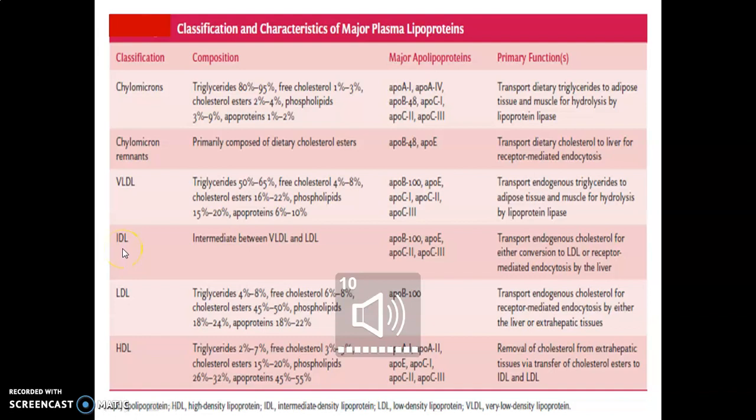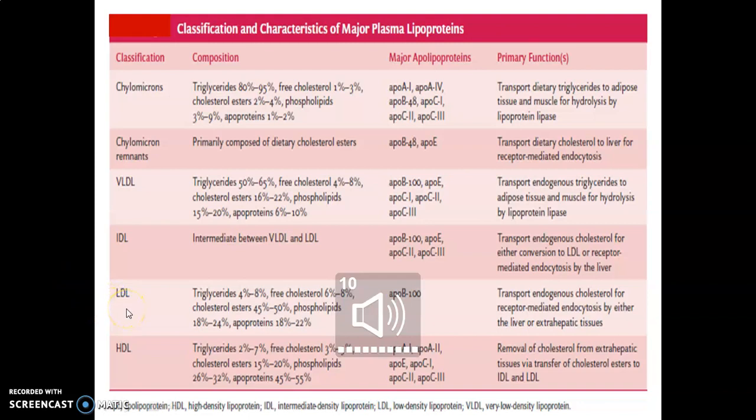Then next is IDL. IDL is intermediate density lipoprotein, and VLDL is very low density lipoprotein. IDL is intermediate between VLDL and LDL. It is used to transport endogenous cholesterol for either conversion to LDL or receptor mediated endocytosis by the liver.